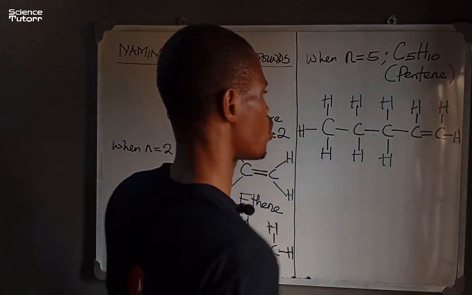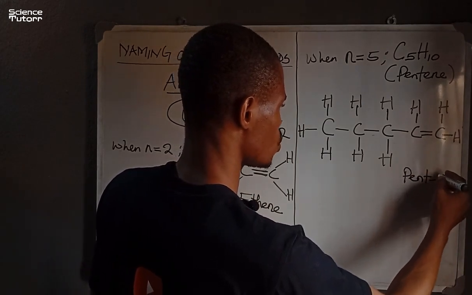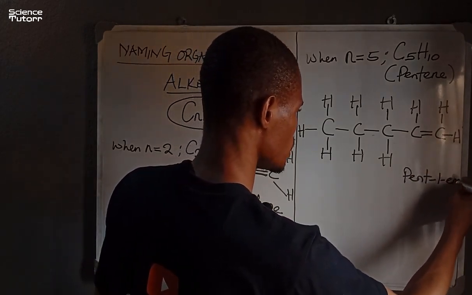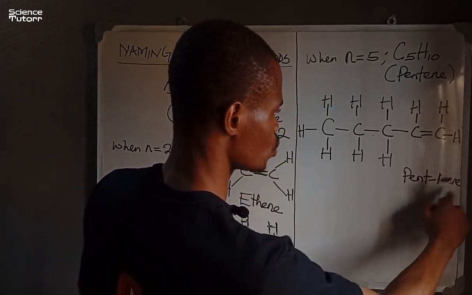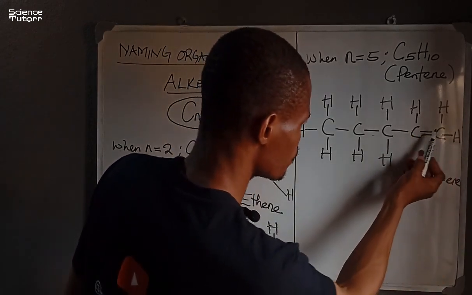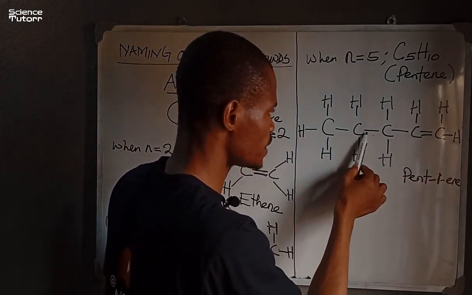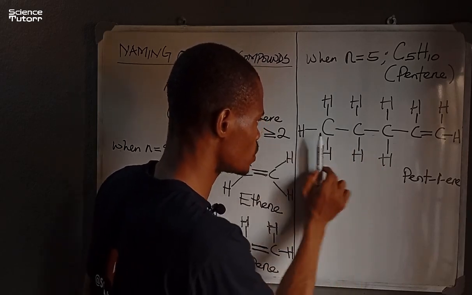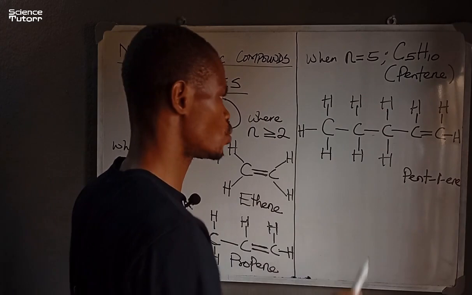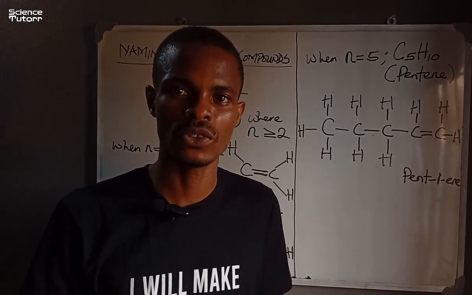So it could also be called pent-1-ene, depending on where the double bond is situated. If, for example, the double bond is placed at this point, it means I will have to name the compound by counting 1, 2, which makes pent-2-ene. But we will come to all of that when we name these compounds.